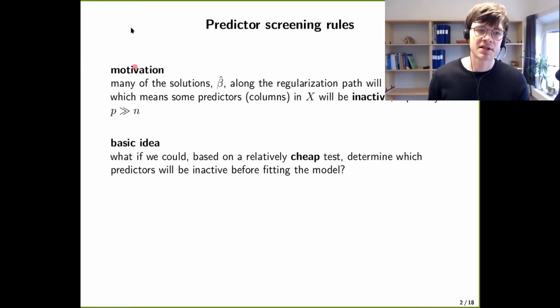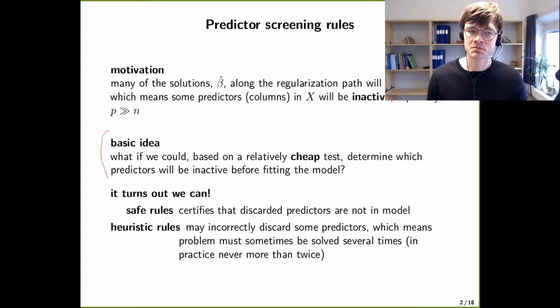The basic idea is: what if we could introduce a relatively cheap test to determine which predictors are inactive before even fitting the model? If we're able to do so, then we can discard those predictors, fit the model to the smaller set, and be done in a fraction of the time required otherwise.